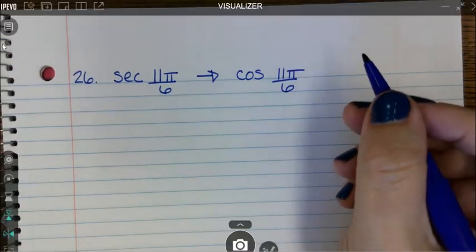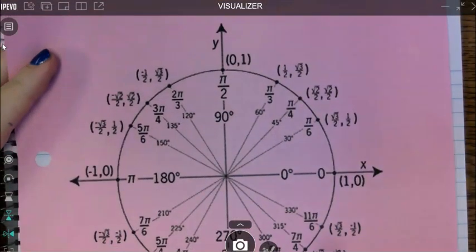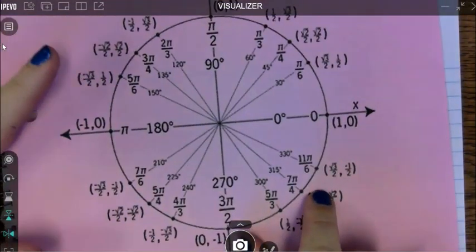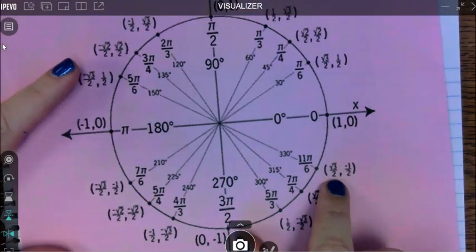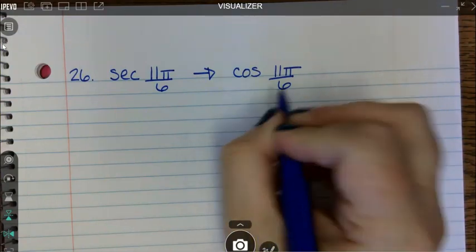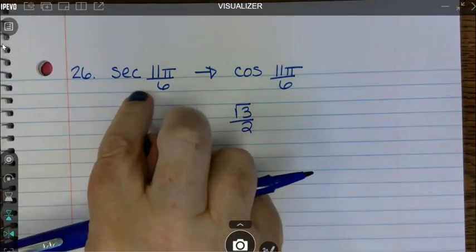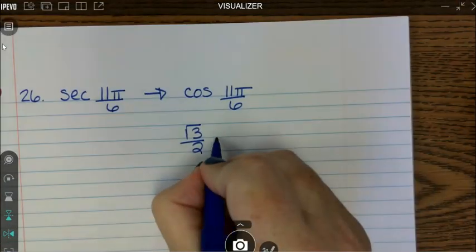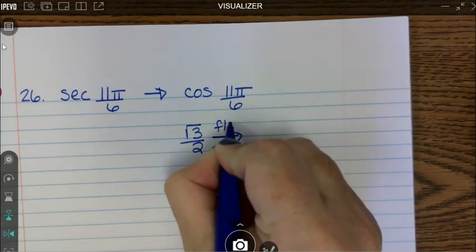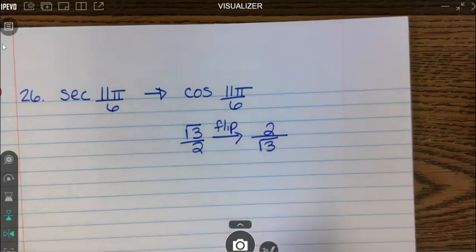Okay, so let me grab my unit circle. 11 pi over 6 is here, and cosine is my x value. So cosine is just the square root of 3 over 2. But to make this secant, I have to flip it. So if I flip it, I get 2 over the square root of 3.